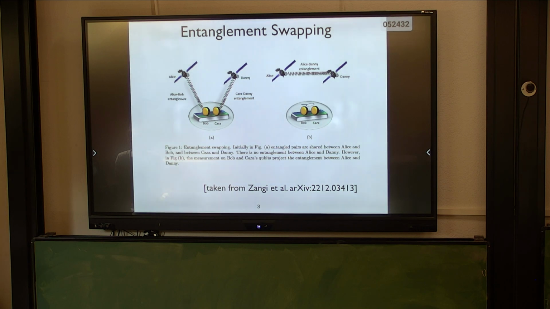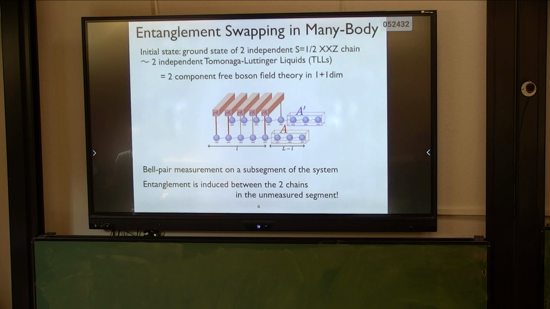What we have done in our paper, which I'm going to discuss, is a many-body version of this entanglement swapping. Our setup is like this. We start from two spin-1/2 XXZ chains, chain 1 and chain 2.